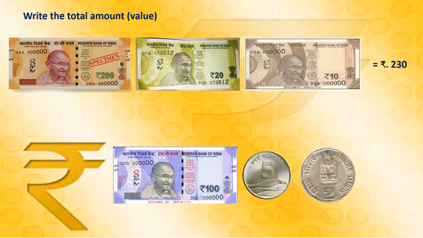You have a 100 rupee note, 5 rupee coin and 2 rupee coin. 100 plus 5 gives you 105 and you add 2 to it, it gives you 107. So the total amount or the value of these notes and coins is rupees 107.